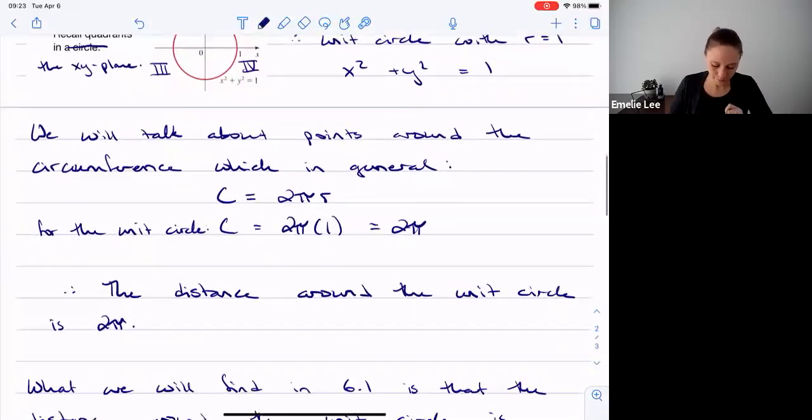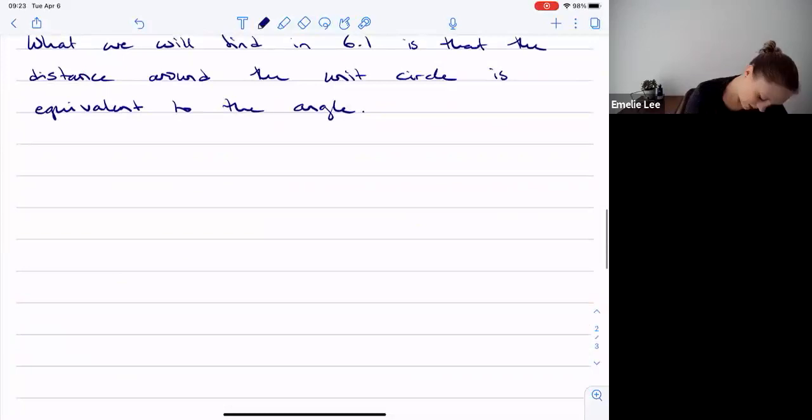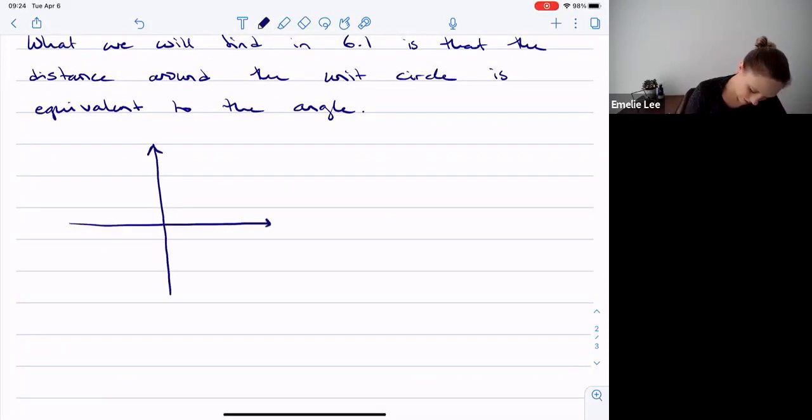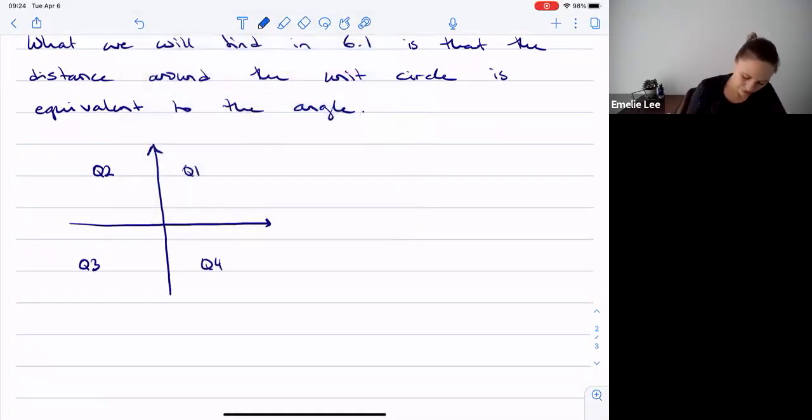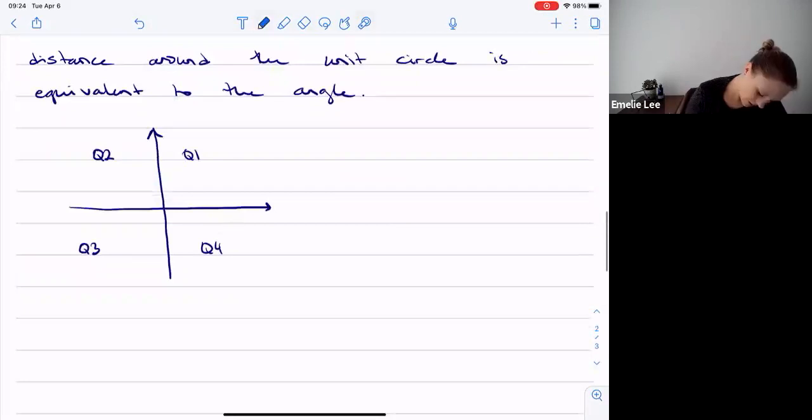Talking about these quadrants, here I've got quadrant 1, quadrant 2, quadrant 3, and quadrant 4. Here x is positive and y is positive.